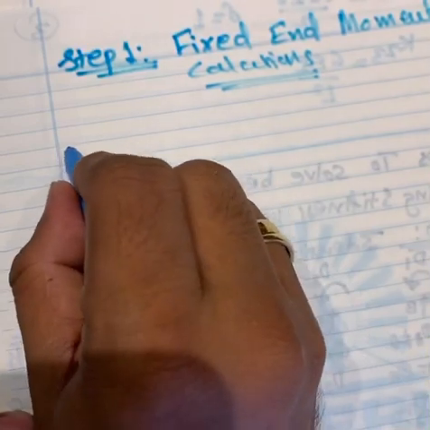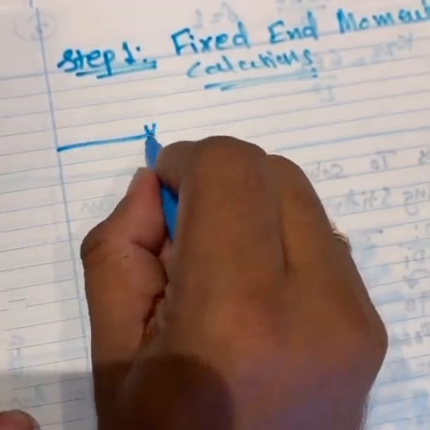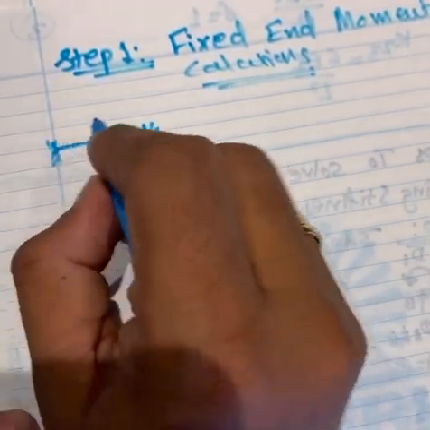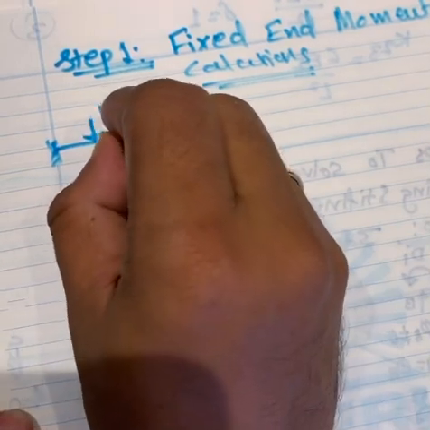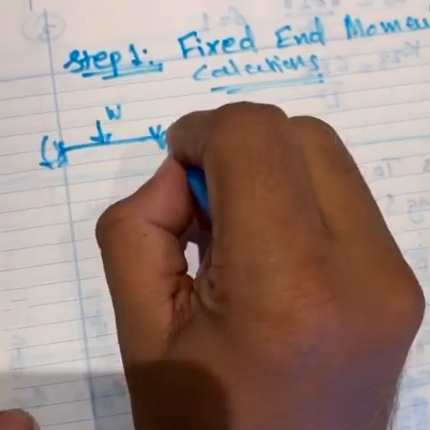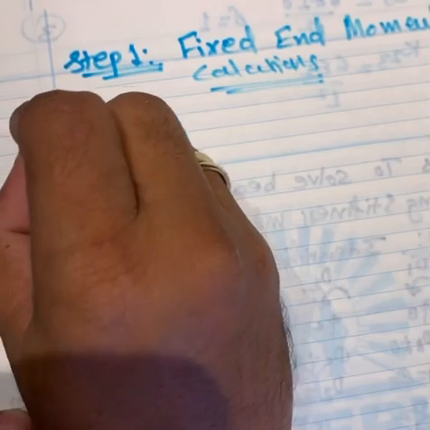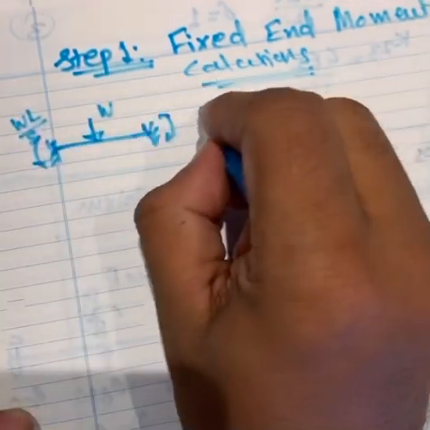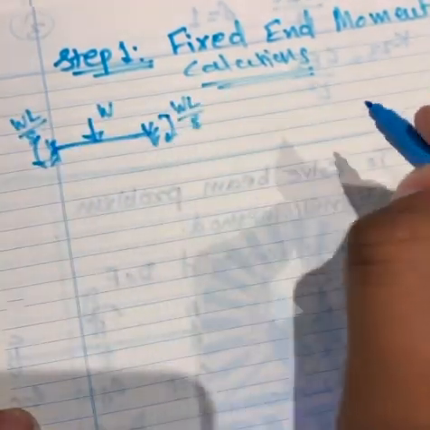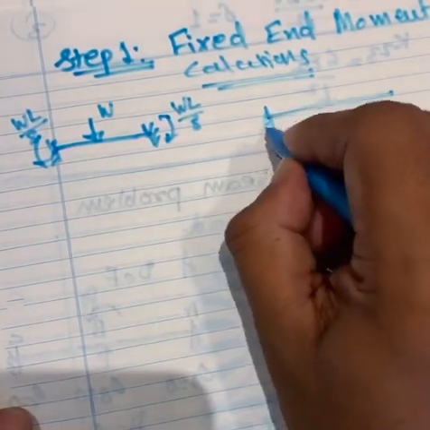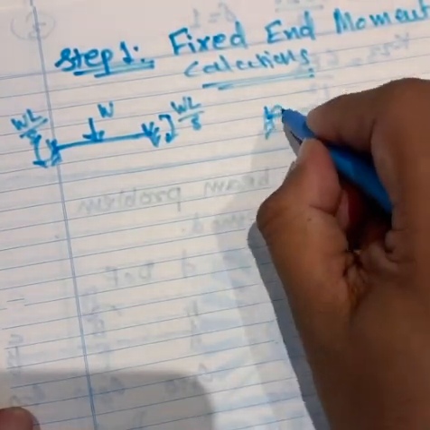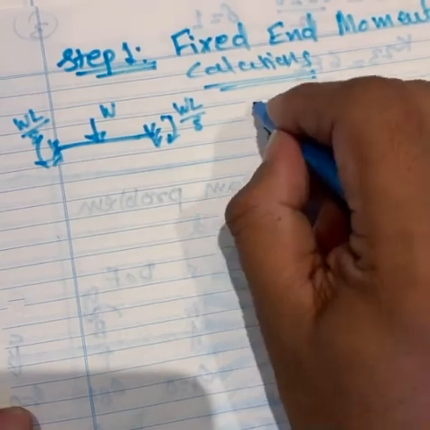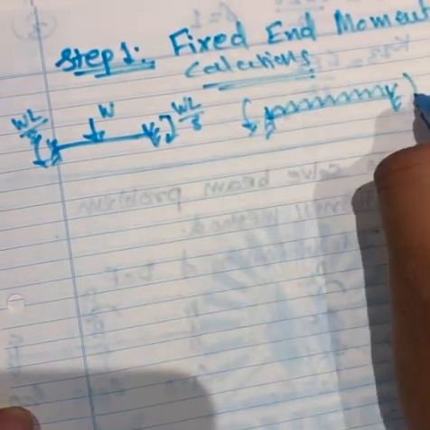You are aware, but still, if you want to recall some of the standard formulas: if you have a load W at the center, it will be WL by 8. For a UDL, it is WL square by 12.